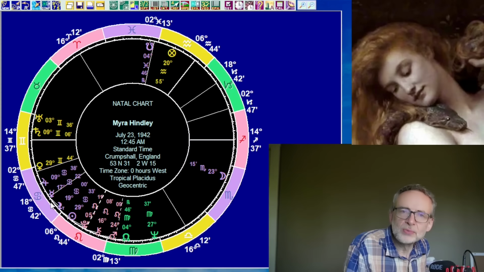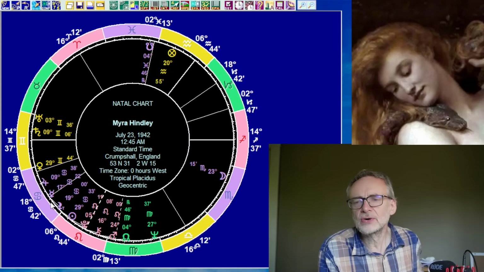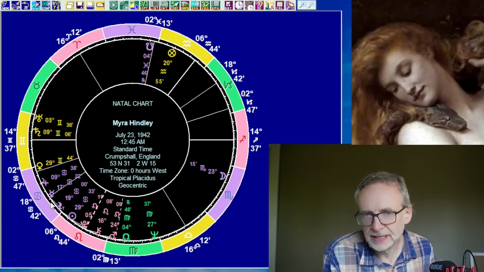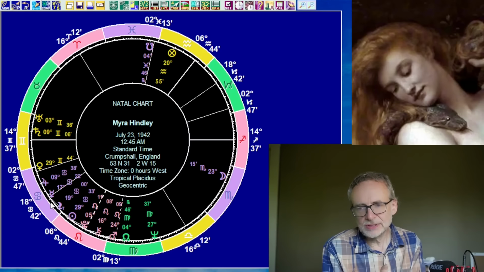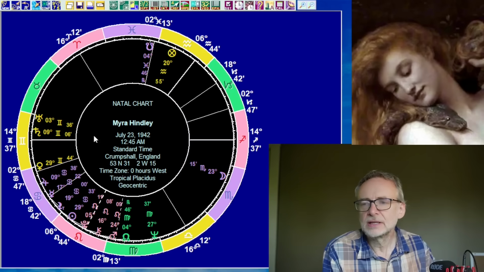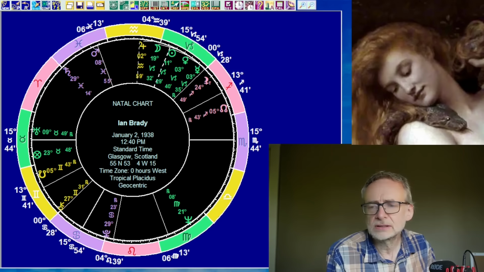But how about when we compare her chart with the chart of Ian Brady? Ian Brady was her boyfriend, the guy who inspired all this. And here is Ian Brady's chart.